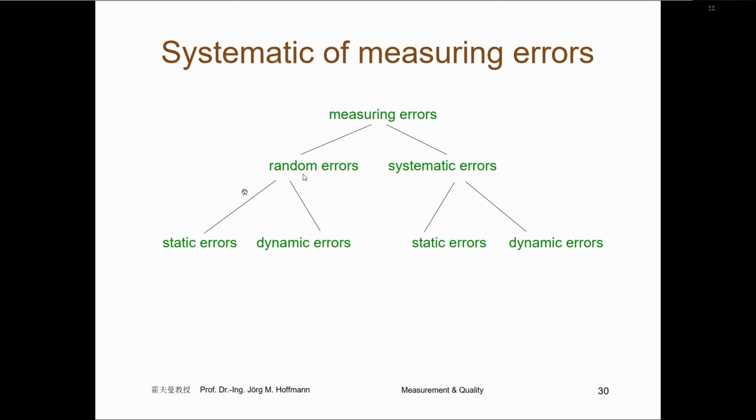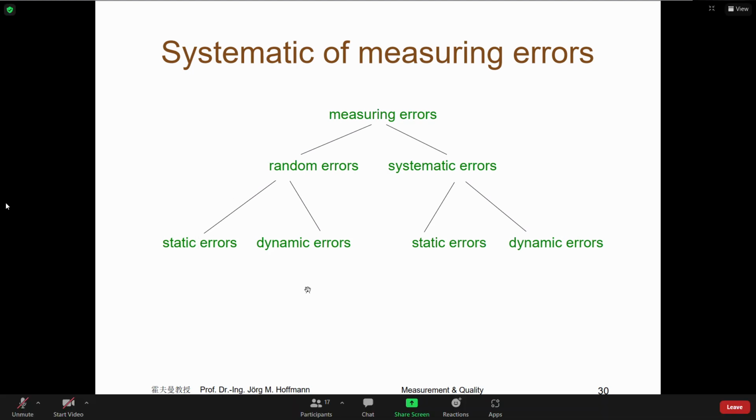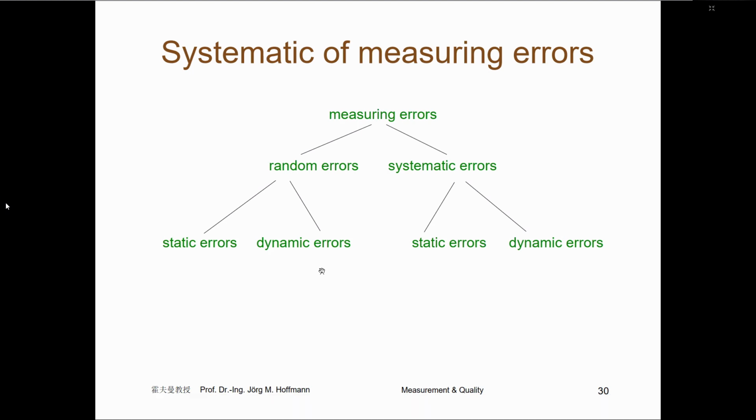Both kinds of errors have an influence on the static errors and the dynamic errors. But for us, important is the static error, because normally when we measure, we have to wait until the dynamic behavior is nearly finished.